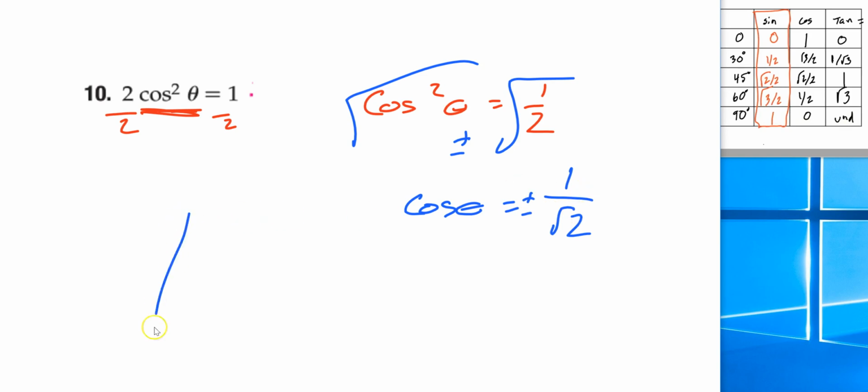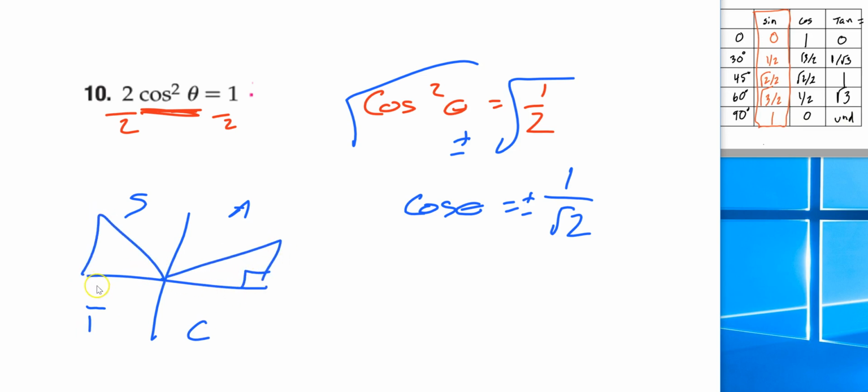Either way works. So we're doing that table. All students take calculus, so I'm going to use the whole table. It could be there, there, there, or there, because it's plus and minus. Now it's 1 over rad 2, sorry, and it's rationalized. Opposite, hypotenuse: 1 opposite rad 2. That's a 45, 45, 90 triangle, so these are all 45.